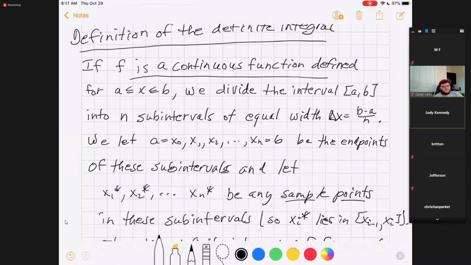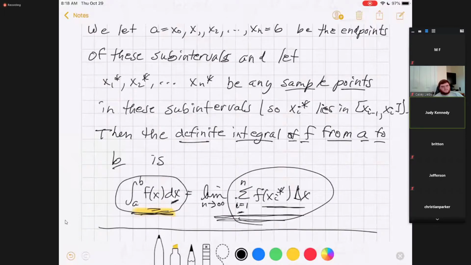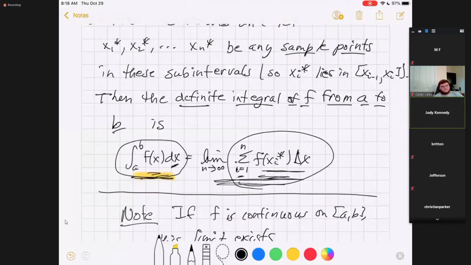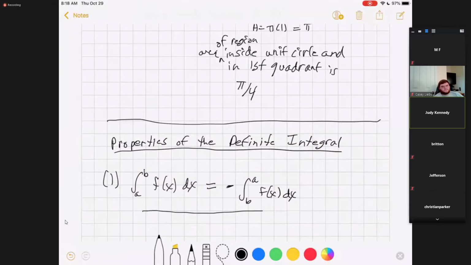When I go from b to a, what I'm essentially doing is turning delta x into a negative number. And when you do that, that's going to turn this Riemann sum into minus it if you go from b to a versus going from a to b. And that's going to put a minus sign in front of the integral, okay? So this is a property that always holds for definite integrals.